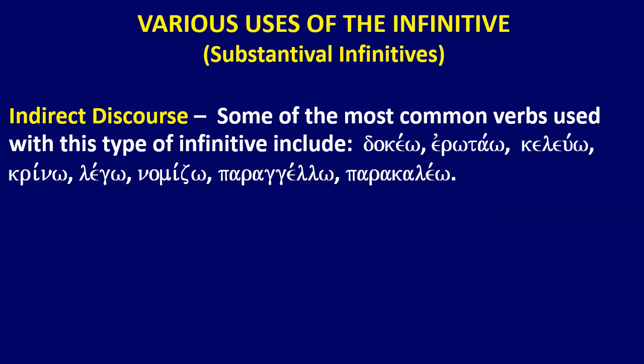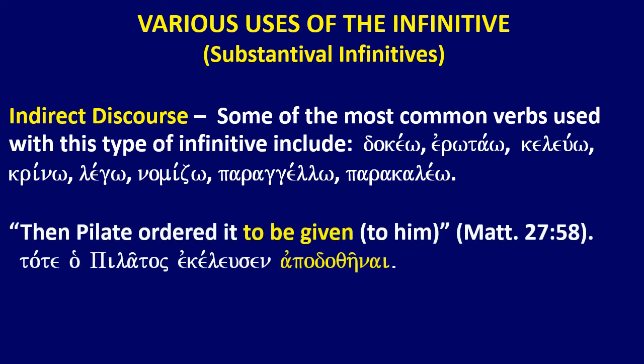When you have the indirect discourse use of a substantival infinitive, some of the most common verbs used with this type of infinitive will be dokeo, erotao, keleuo, krino, lego, nomizo, parangello, and parakaleo. And here we have an example of the indirect discourse use of the infinitive in Matthew 27 verse 58. Then Pilate ordered it to be given to him.